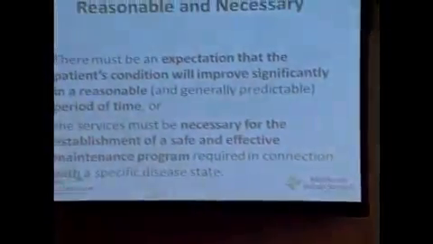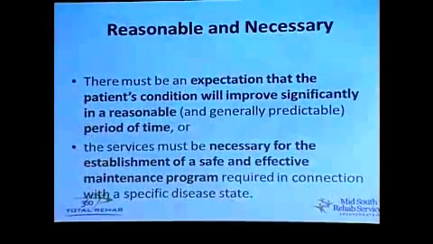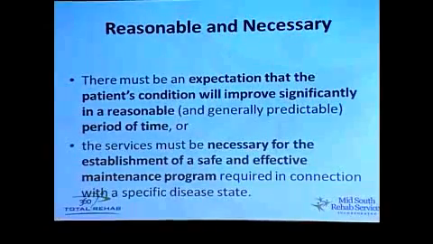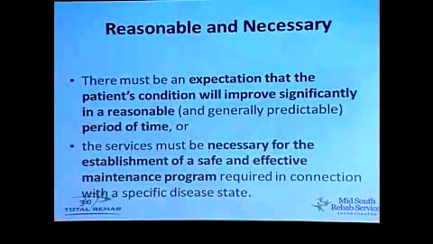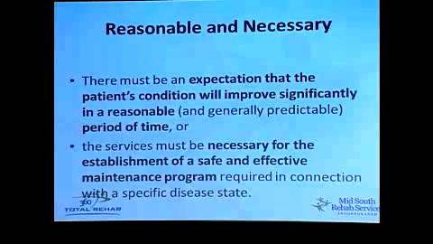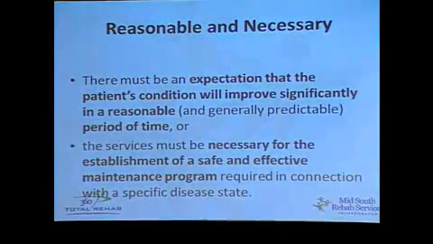Okay. It also says that there must be an expectation that the patient's condition will improve significantly in a reasonable period of time, and that the services must be necessary for the establishment of a safe and effective maintenance program. Now, Medicare says we should use our clinical judgment in determining, do we anticipate that this patient will make further gains, or have they reached their maximal functional level at this time?